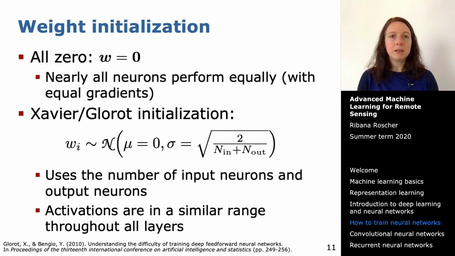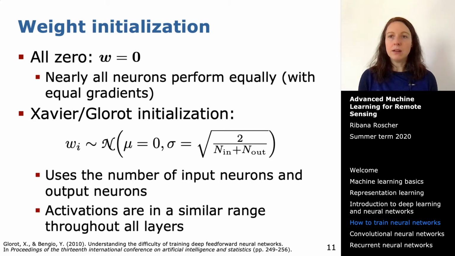Another possibility is to initialize with all the same value, for example with 0. This leads to the problem that nearly all neurons perform equally with equal gradients.